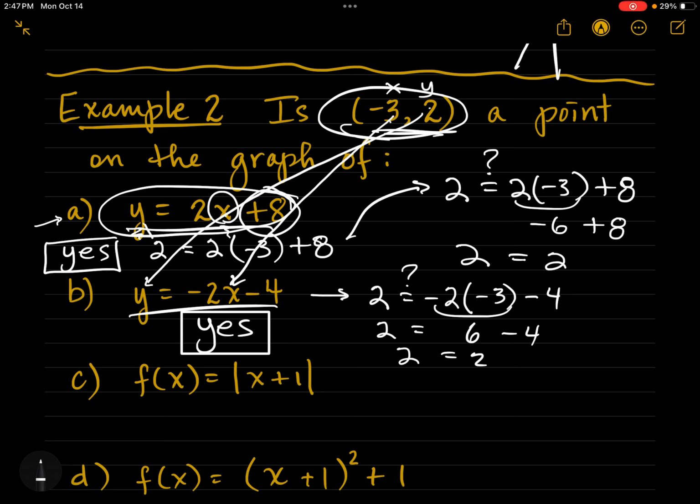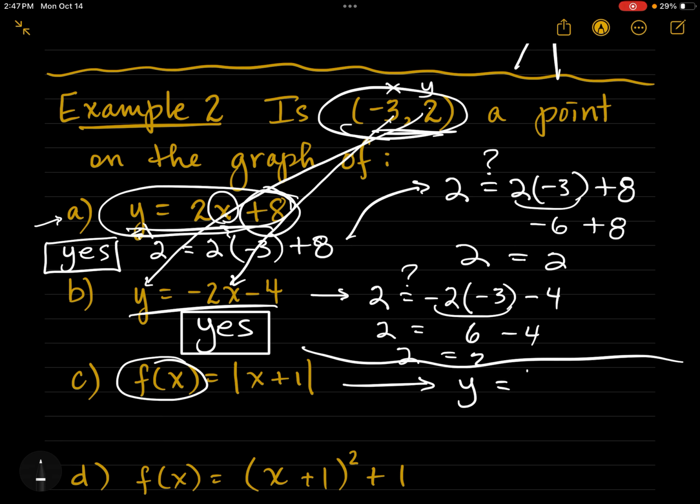Let's see it. Oh, look here. Instead of y, we have a f of x. But the first thing I like doing is rewriting that with a y. I like to see my x and y. And now I'm going to substitute y is 2 and negative 3 in for x.